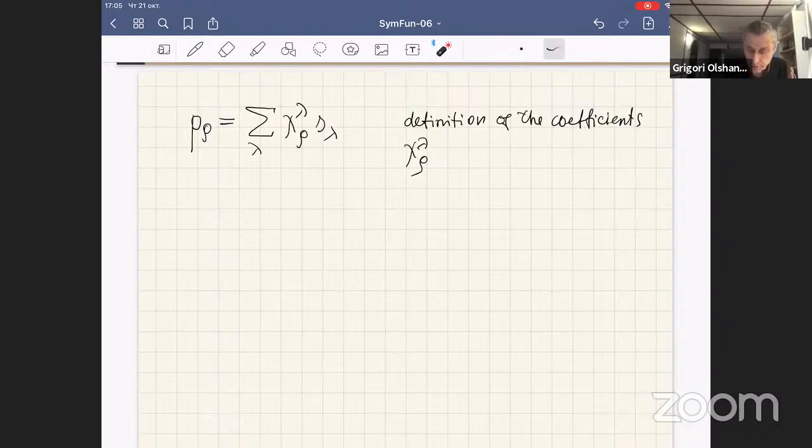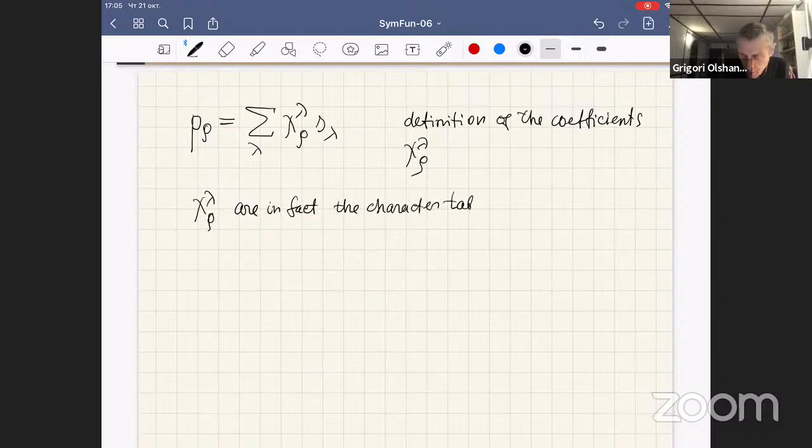But what is the point? The point is that these coefficients are in fact the character table of the symmetric group.